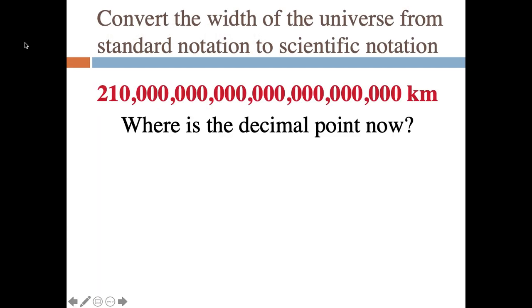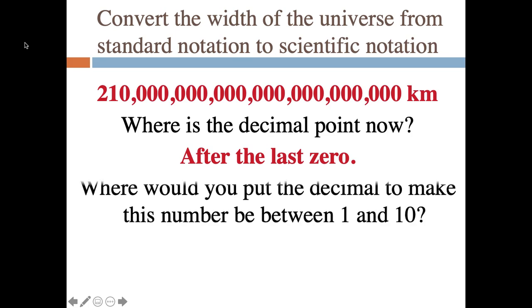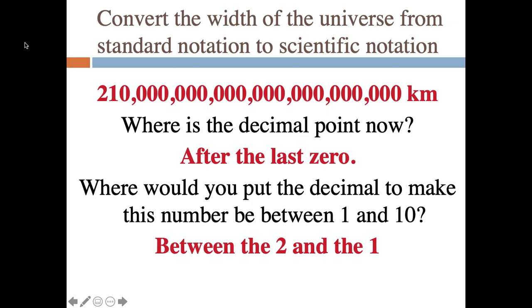So if we take a really, really big number, like the width of the universe in kilometers, where's the decimal point now? It's after the last zero. And where do we need to move the decimal point in order to make the number between 1 and 10? There's only one place you can put a decimal in this number to make it between 1 and 10, and that's between the 2 and the 1, because 2.1 is greater than 1 and less than 10.